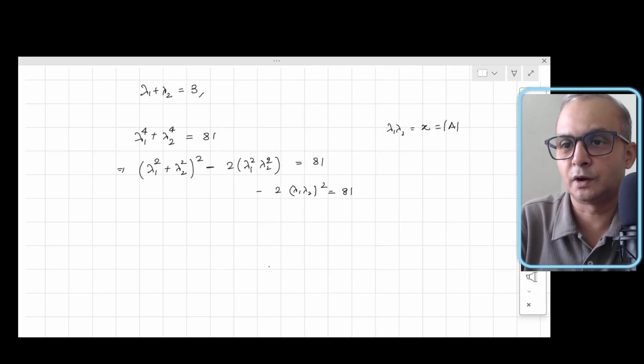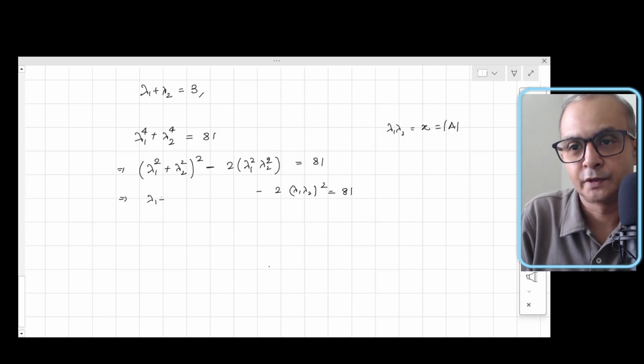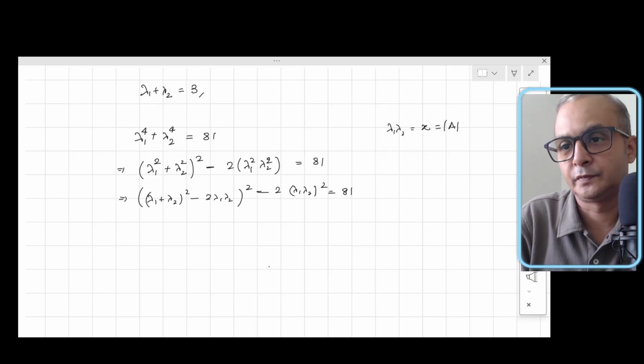What I meant to write is lambda 1 plus lambda 2 the whole square minus 2 lambda 1 lambda 2, and this whole square.